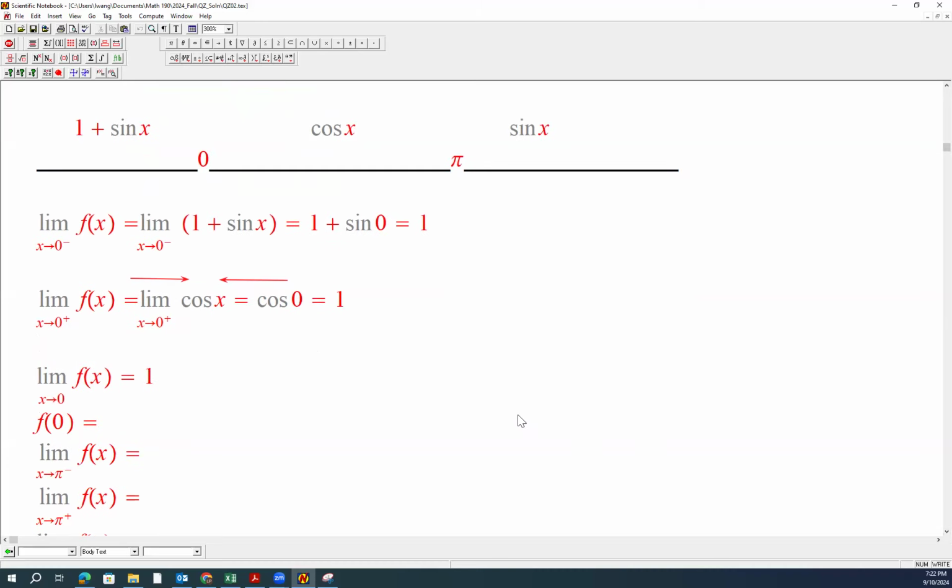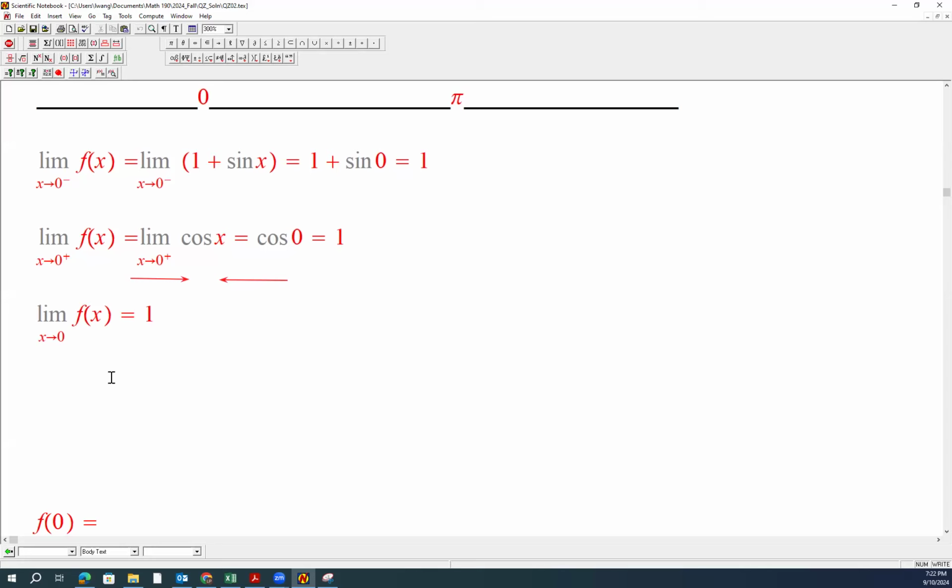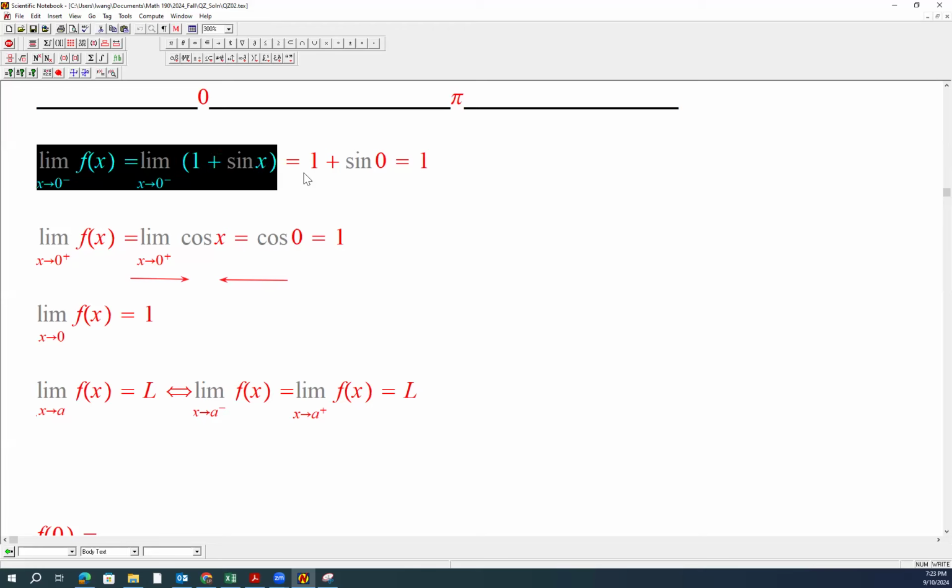Just to remind you of that theorem: the limit as x approaches a from smaller than a and the limit as x approaches a from larger than a, when these two limits are the same, that is a necessary and sufficient condition for the limit of the function as x approaches a to equal the same number L. In our case, L equals 1.